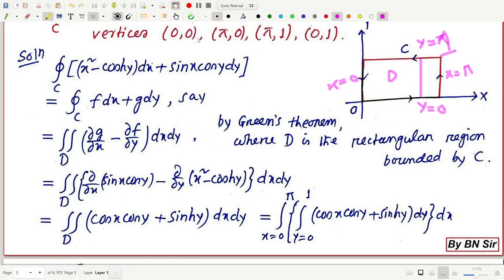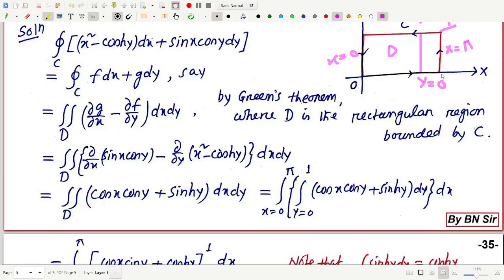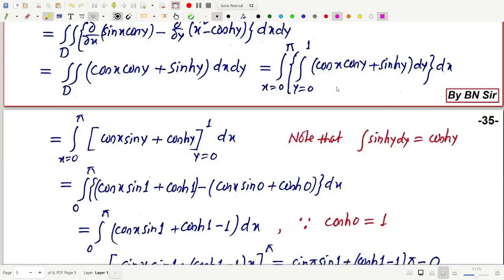See, the vertices 0 0, pi 0 mean x from 0 to pi and y from 0 to 1. Okay, what is written? y 0 to 1, correct? x 0 to pi. The coordinates we had better mention here: this is pi 0, this is pi 1, and this is 0 1, as given in the question.